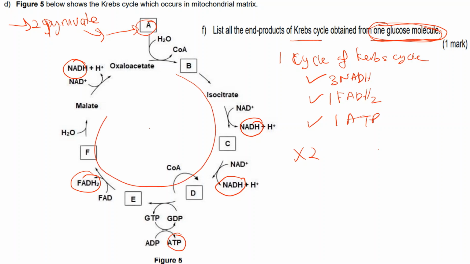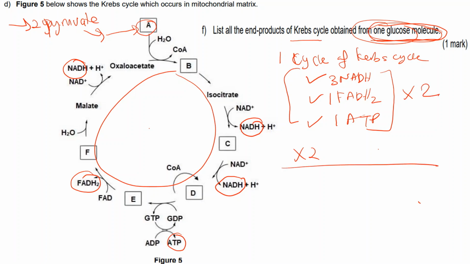So for 1 glucose, the Krebs cycle has to occur 2 times. You have to multiply all this product by 2. So the answer will be 6 NADH, 2 FADH2 molecules and 2 molecules of ATP.